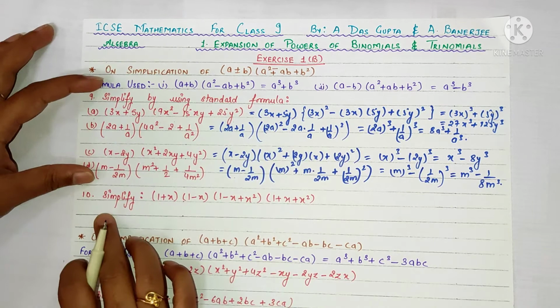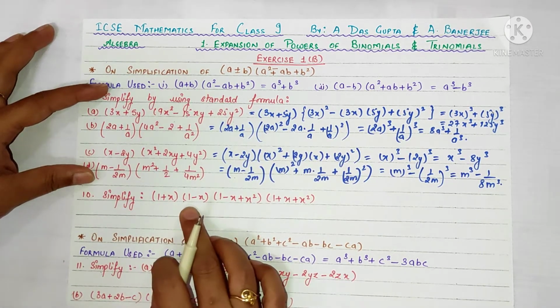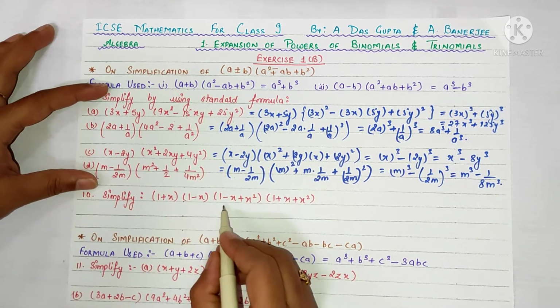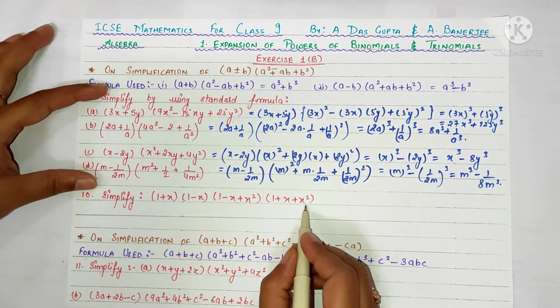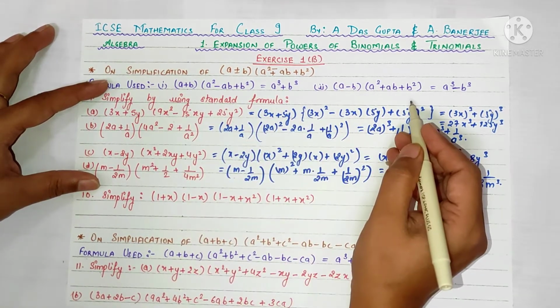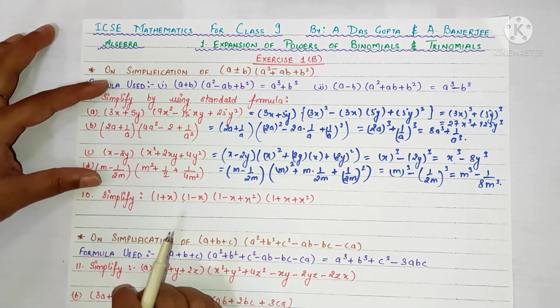Next part is simplify (1 plus x) into (1 minus x) into (1 minus x plus x square) into (1 plus x square). So we'll combine and make the formula in such way that we get the cubes of the terms.